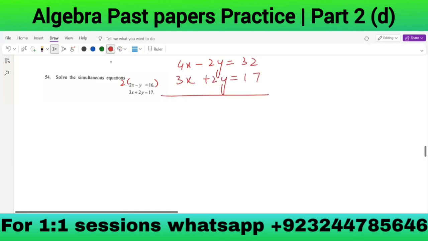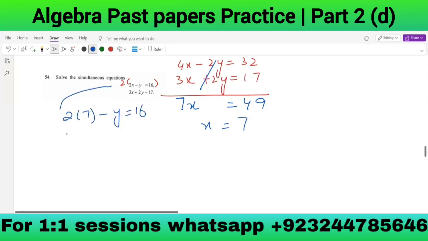So adding both of them will give you 4 plus 3, which is 7x, is equal to 49, so x is equal to 7. Now substituting 7 into the first equation, 2 into 7 minus y is equal to 16. So 14 minus 16 is equal to y, so y is equal to minus 2.